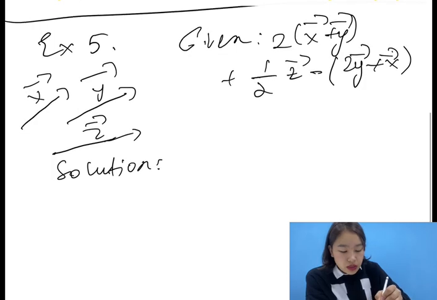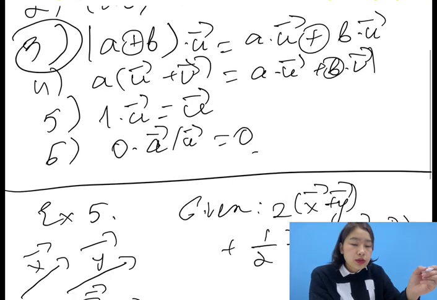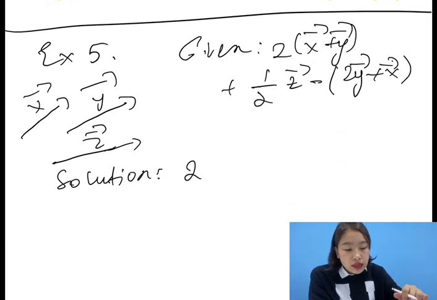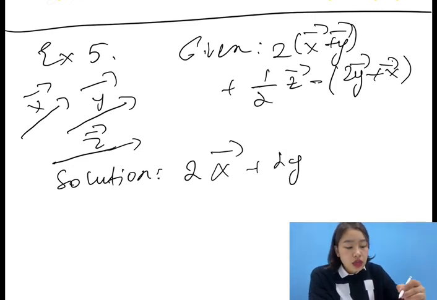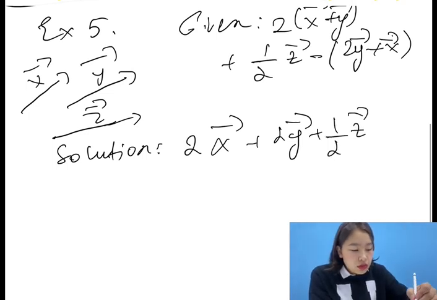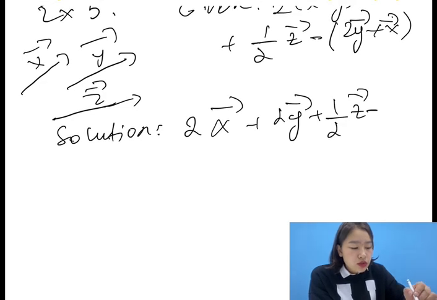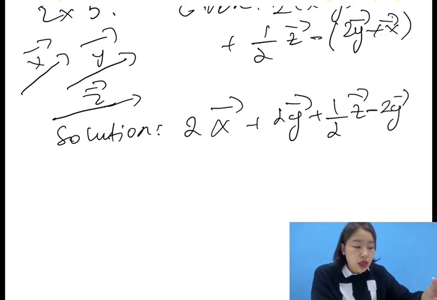Solution. Just open the brackets with the properties. 2 will be multiplying individually as in the third property. 2 multiplying by x plus 2 multiplying by y vector, plus z will be the same, 1 over 2 z vector. And here we have the minus out of brackets, and it will change the whole symbol in the brackets.